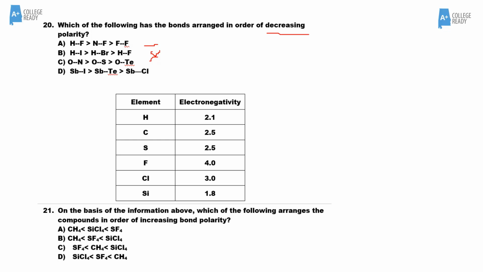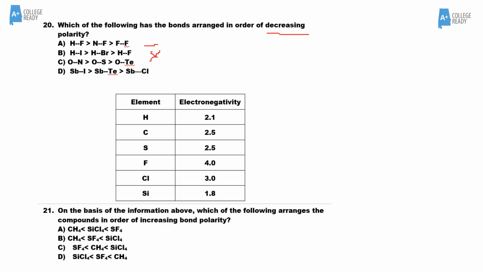For number 21, it would actually have you calculate the electronegativity difference, and the greater the electronegativity difference, the greater the bond polarity. So you would have to go in here and calculate for CH4: the carbon is 2.5, the hydrogen is 2.1. That's an electronegativity difference of 0.4.